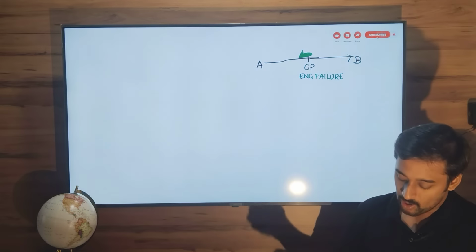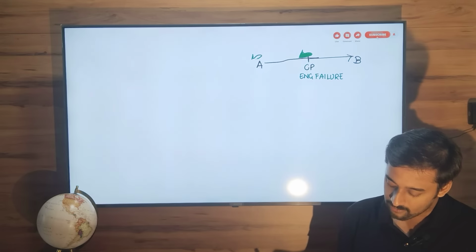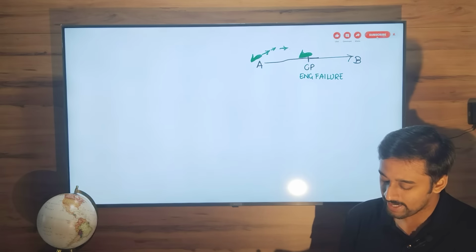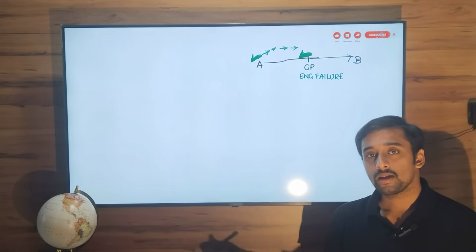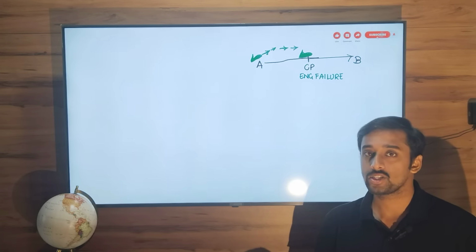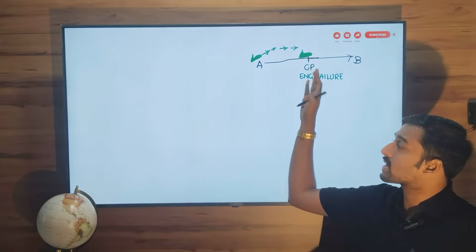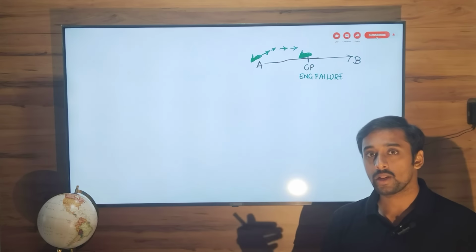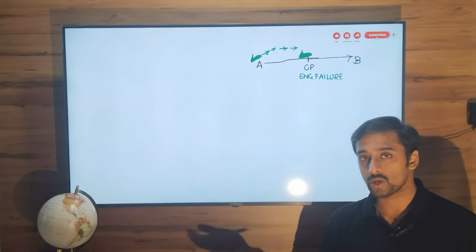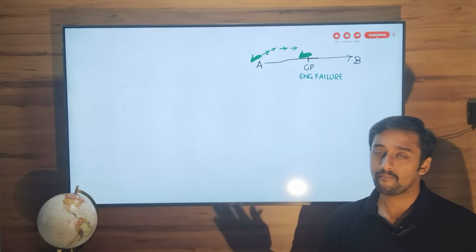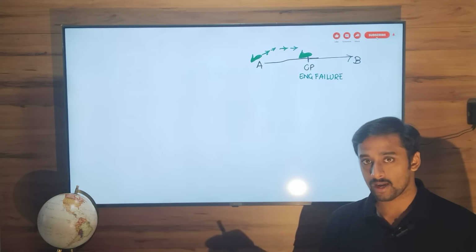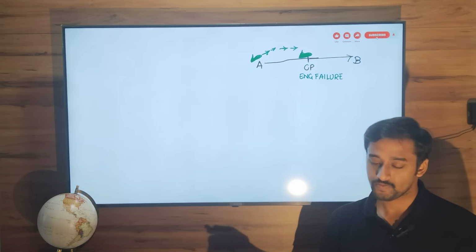When you take off from point A, you will fly towards point B. During your journey, there will be an engine failure. Let's say it happens at the critical point. Now at this point, you will make a decision to continue either to your destination or back to point A. So it will take the same amount of time to go or come back.